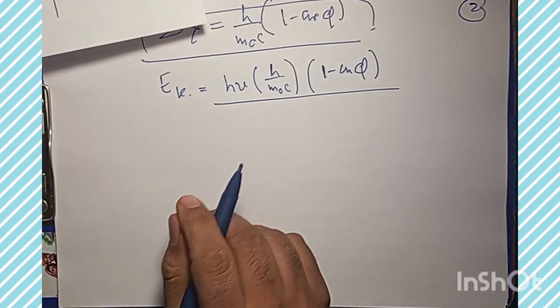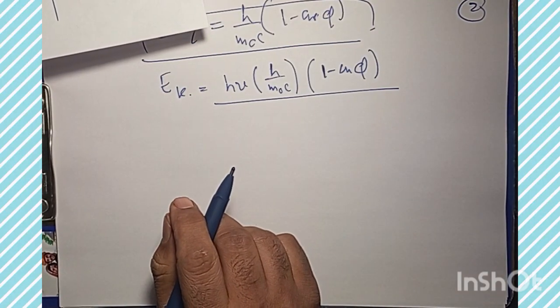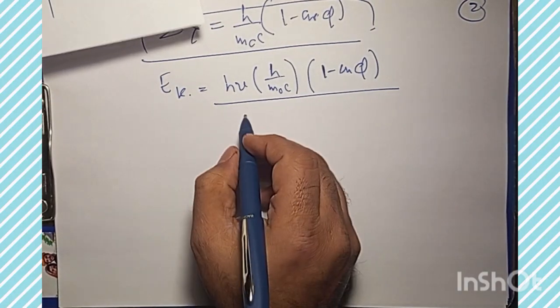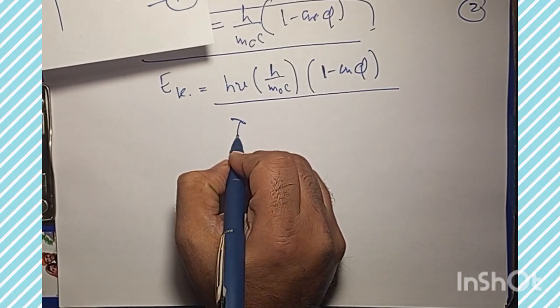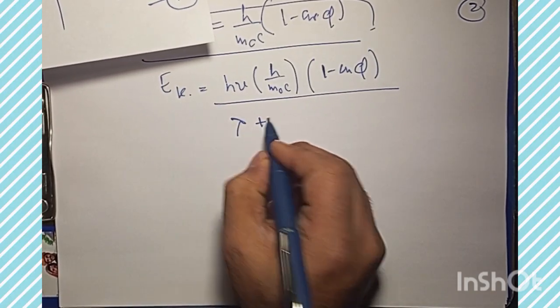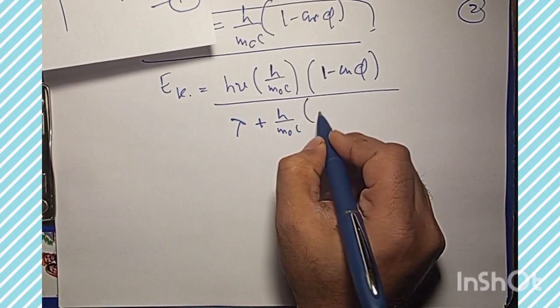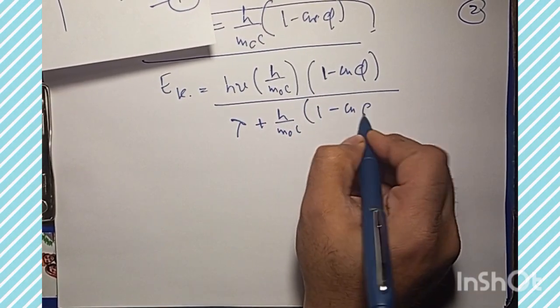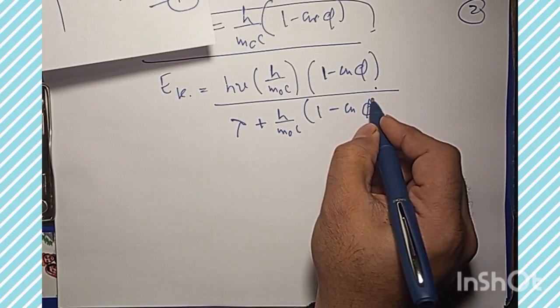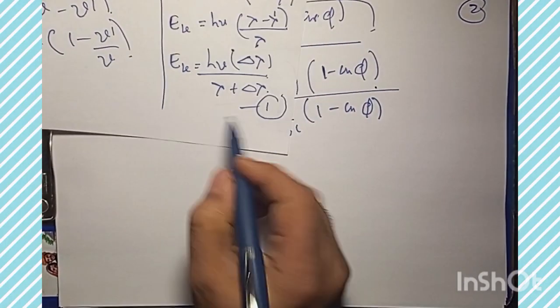This will come in the numerator, and in the denominator I'll have lambda plus h by m naught c times 1 minus cos phi. Okay, so that's correct.